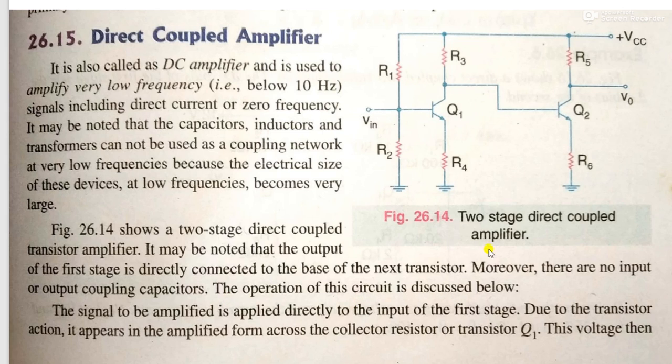The operation of this circuit is as follows. The signal to be amplified is applied directly at the input of the first stage. Here, Vin is applied to the base of Q1. Due to the transistor action, it appears in amplified form across the collector resistor of transistor Q1. At this end, we get the output, that is the collector terminal.